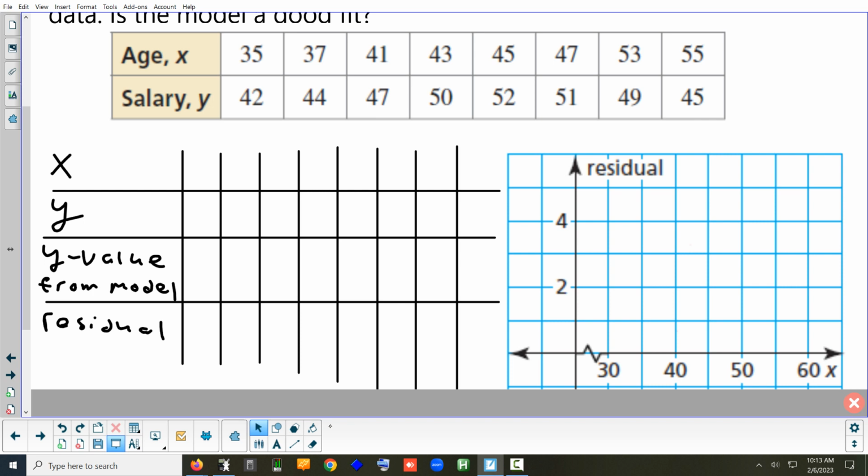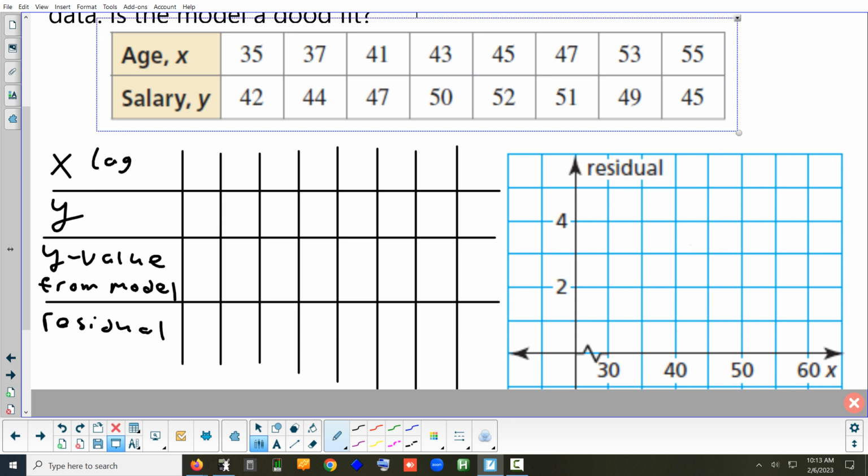Okay. Are there any calculations we need to do for the X and the Y? No. Where do we get these X and Y's from then if we don't have to calculate them? Where do they come from? They come from the table. X, in this case, is age.